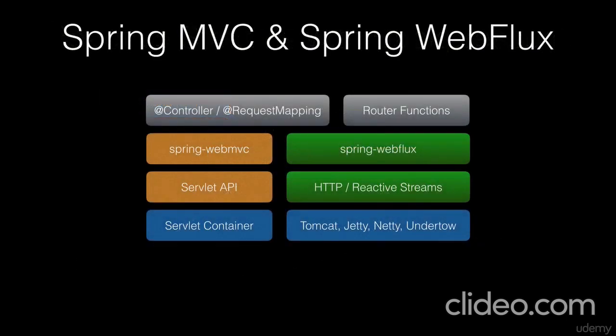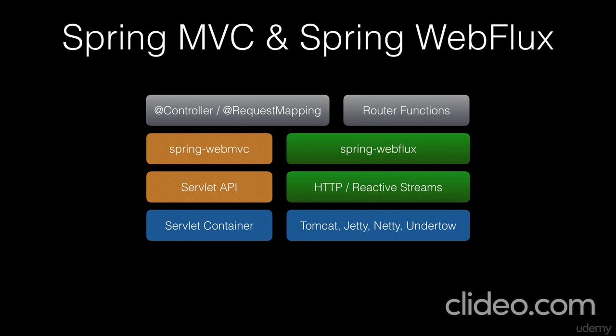Now, in Spring MVC and Spring WebFlux, the reactive stuff is going to be under the right-hand side, the Spring WebFlux. And what has happened inside the Spring framework is the servlet container, the servlet API, is not reactive. It is blocking. So the Spring Framework guys created a whole new stack, a whole new web framework inside of Spring called Spring WebFlux.